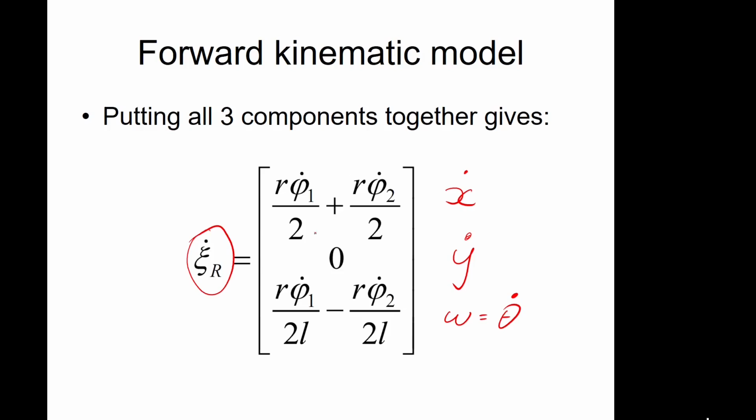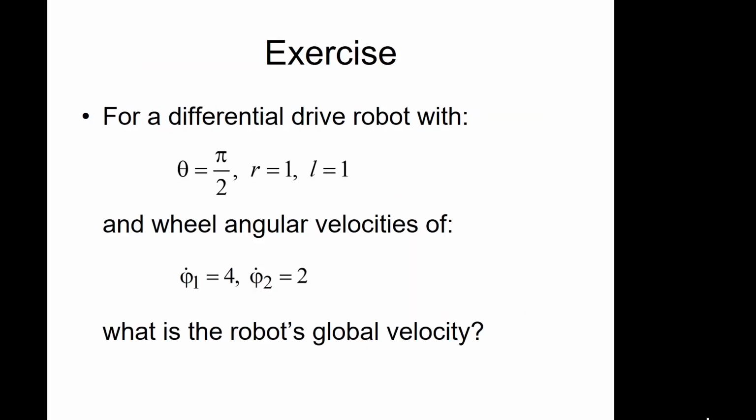If we want to represent that in terms of our global frame, we need our transformation matrix to translate that velocity into the global velocity. So as a very quick example, I've got these as dimensionless, so you can put your own units in. Say we're working in centimeters.